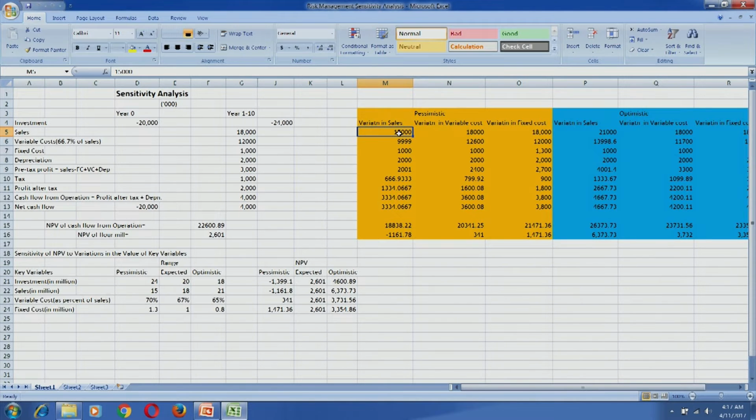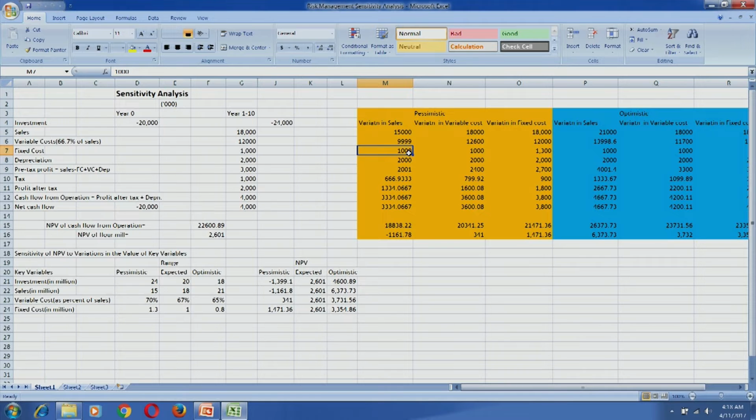Since sales is now 15,000, what would be the variable cost? Since variable cost is 66% of sales, so 15,000 into 0.66. So, you will get 9999, right, approximately 10,000, very simple.